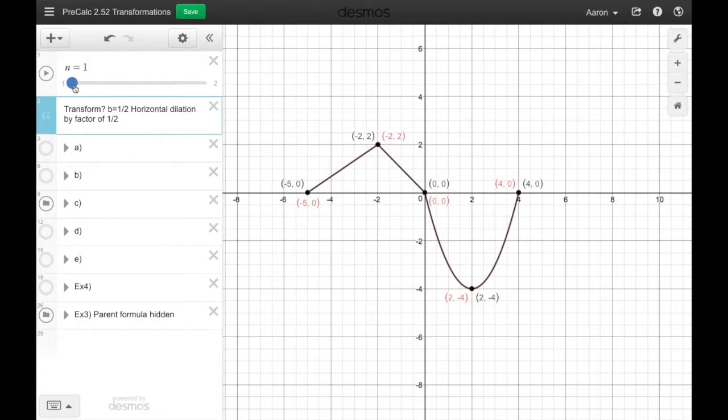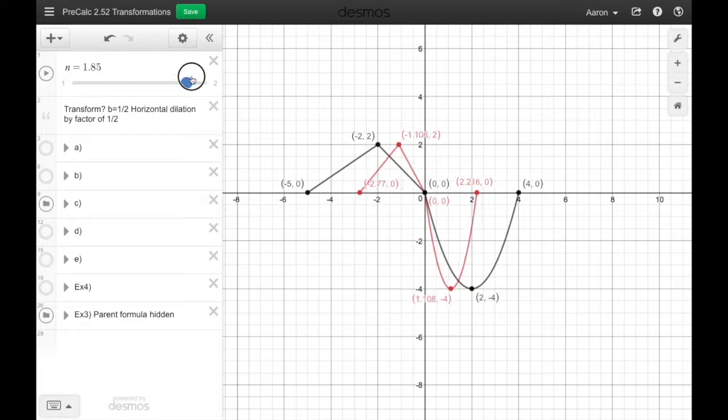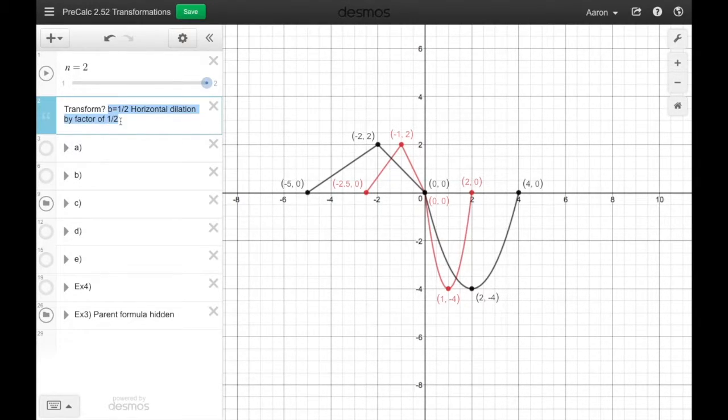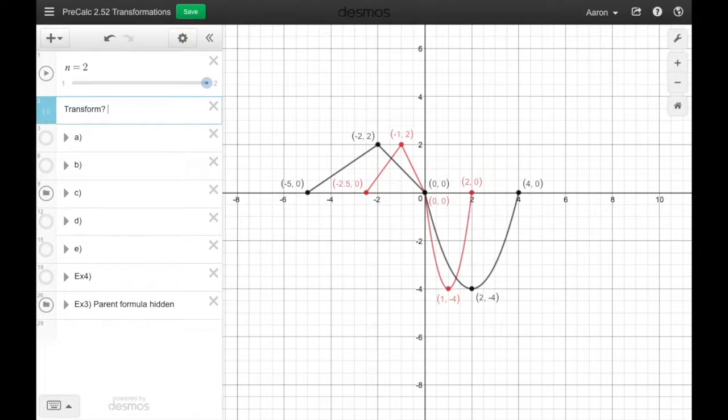All of the x values are going to get half as close back to the origin, back to the y-axis. It's going to get narrower. So you see negative 5 turns into negative 2.5, negative 2 turns into negative 1, 4 turns into 2, 2 turns into 1. Pause it, copy it down, both the text and the red part, and then we'll move on.